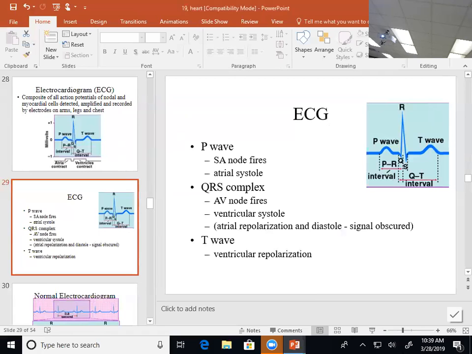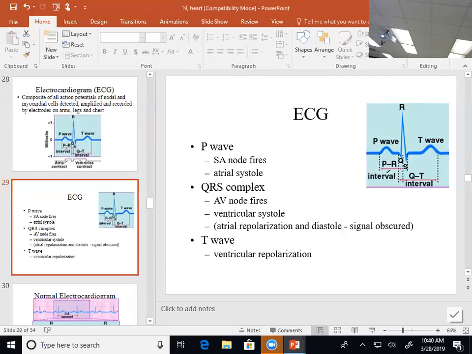I'm going to tell you what these little bleeps correlate with, and you would need to know the basics of this. The first little bleep that you notice is called a P wave. You're going to want to see it because it means that you are detecting when the SA node fires. So that SA node fired, and you're seeing it right here.